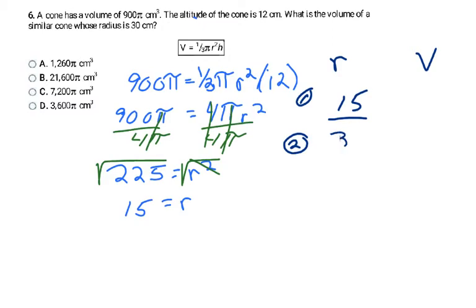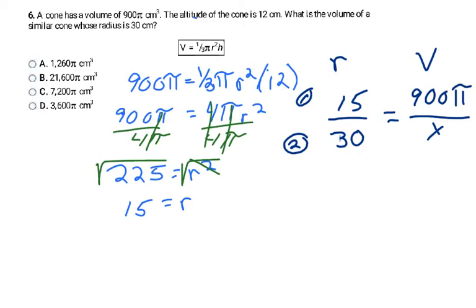And the radius of the second cone is 30. Okay, and that's going to equal the volume of the first cone, which is 900 pi, over the volume of the second cone, which is what we're looking for. So you could put V there, you could put X there, whatever floats your boat.